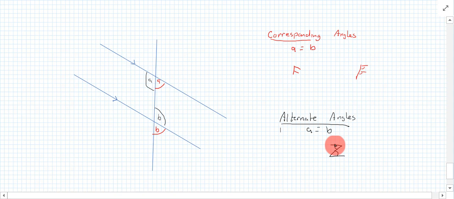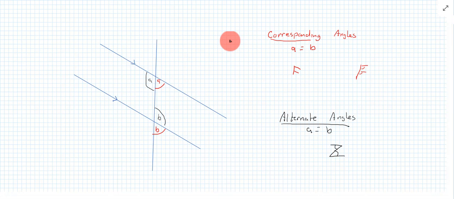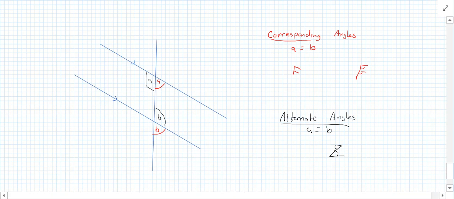And then we have what are known as interior angles. So imagine this angle A and this angle here B, see the way that they're on the inside of the parallel lines. So they are what are known as interior angles. So again, we'll just write it: interior angles.